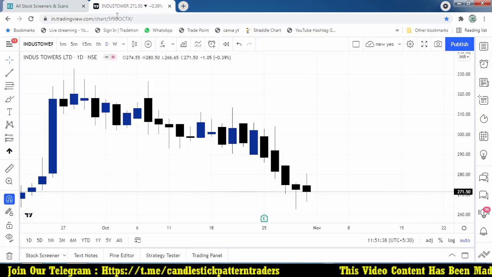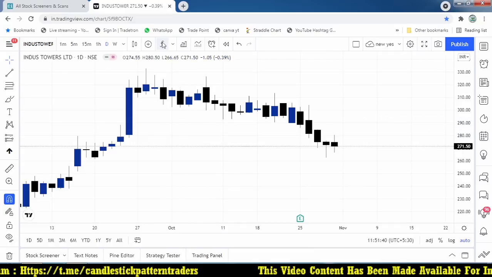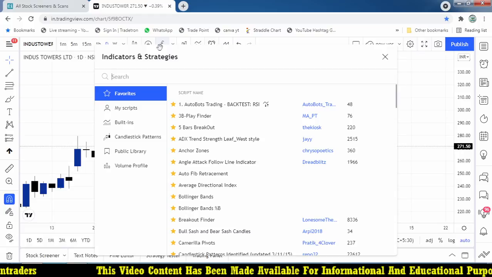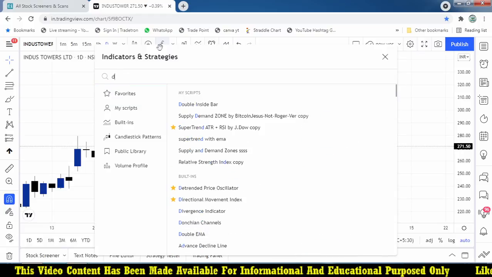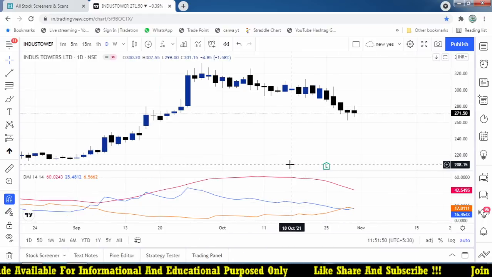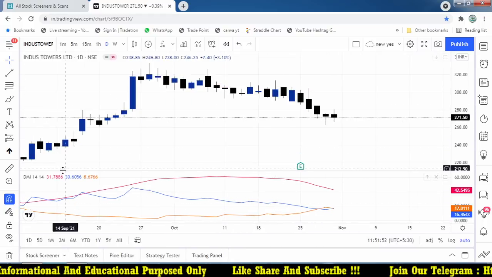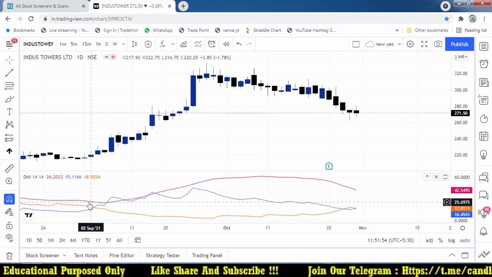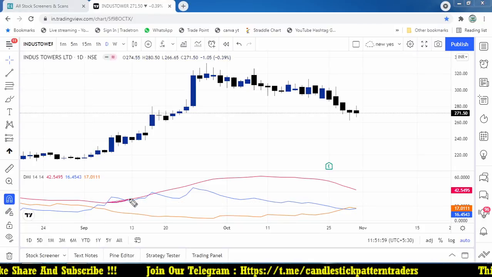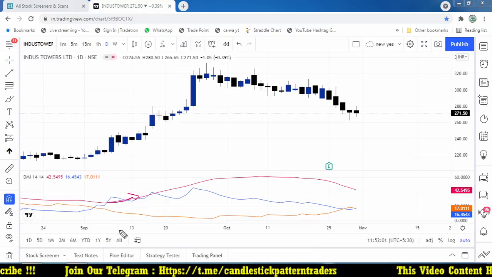So let's add the ADX parameter on the stocks. Let's add DMI and see how we find the stock's direction. Compare any stock where the ADX is pink in color. When the ADX is greater than 25, it gives you the strength of the stock.